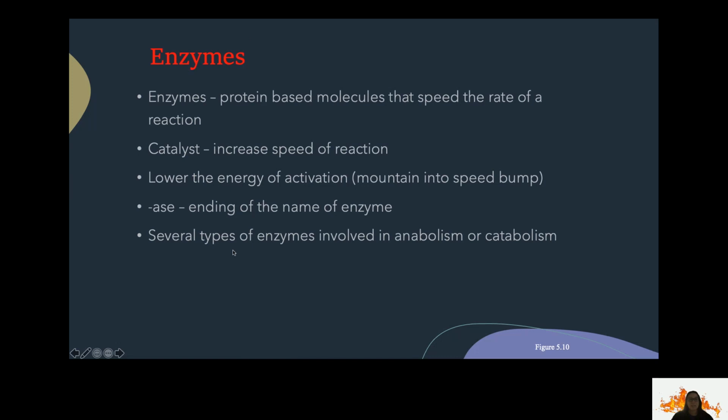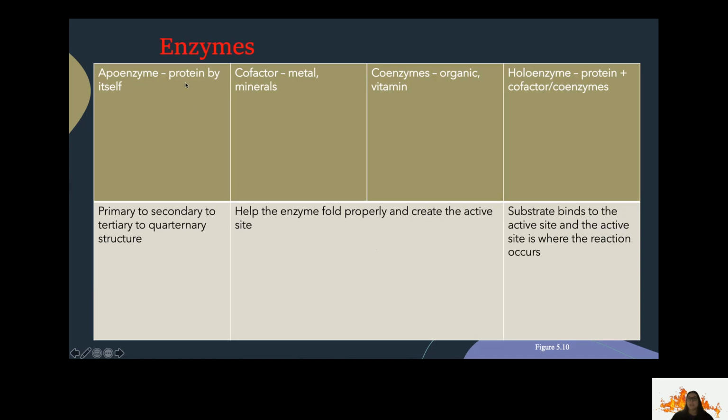There are several types of enzymes involved in anabolism and catabolism, but I don't have you memorizing those classes or groups. Enzymes themselves can be just the protein, which is called an apoenzyme, and the structure has to fold from a primary to a secondary, secondary to a tertiary, and then tertiary to a quaternary structure.